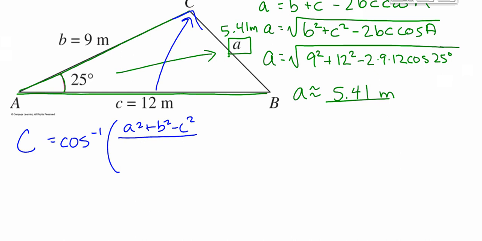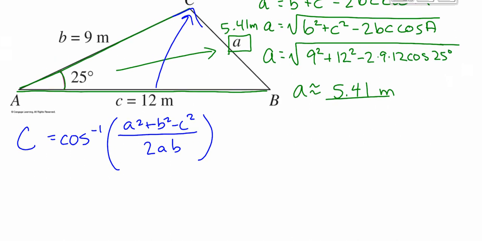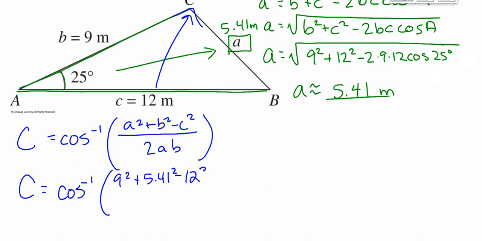And again, the typing in of this is kind of the challenging part. And so C is going to equal the inverse cosine of 9 squared plus 5.41 squared minus 12 squared all over 2 times 9 times 5.41.